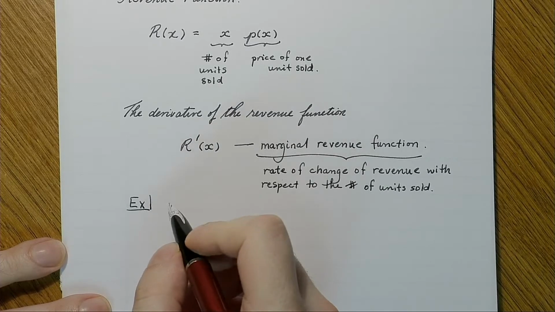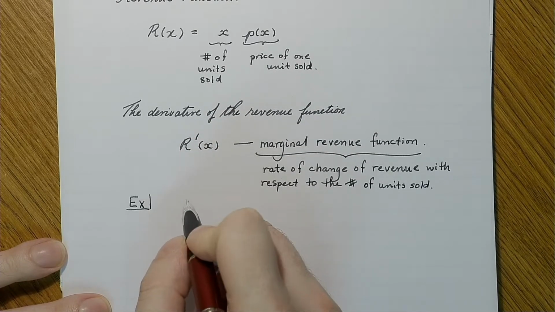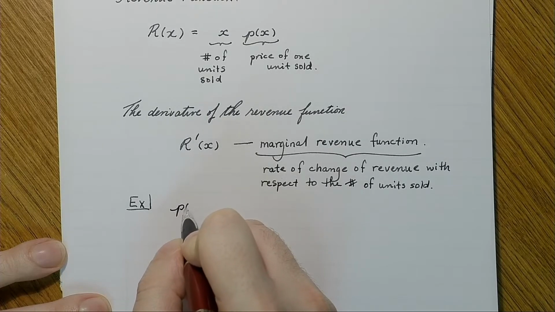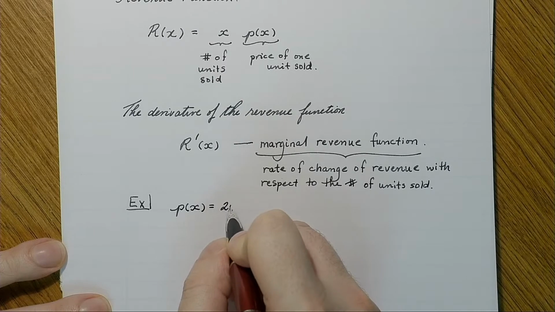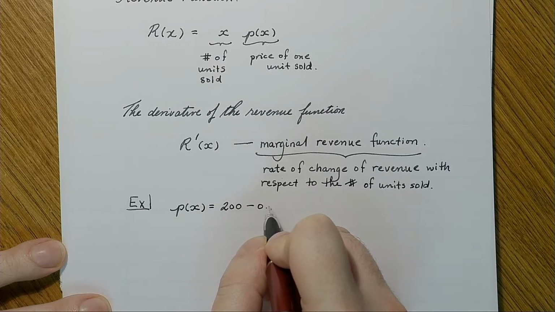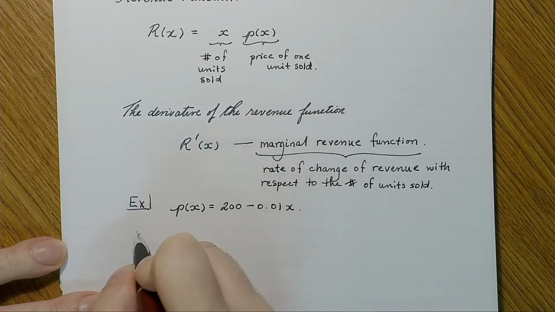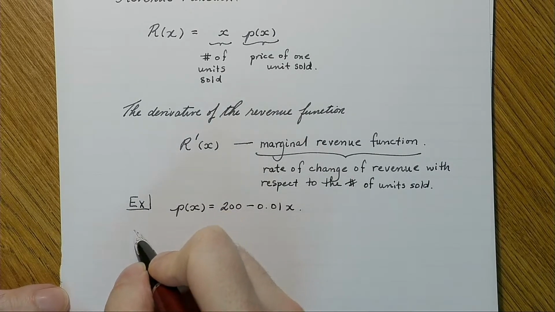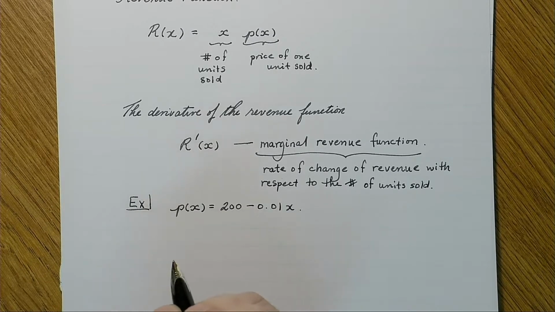Okay, so let's say that we have a demand function. And it's given by 200 minus 0.01x. Let's get to the part that we care about, profit. Well, yeah, we're slowly working to that part.